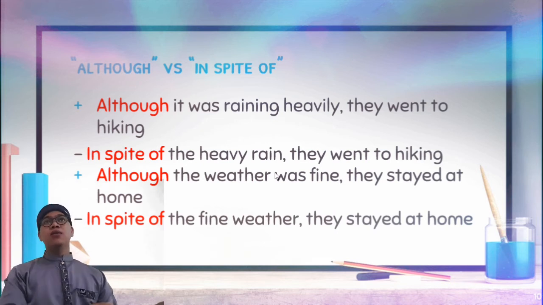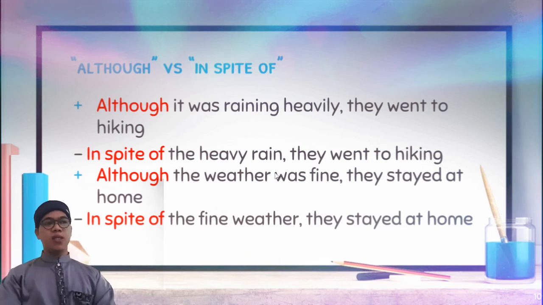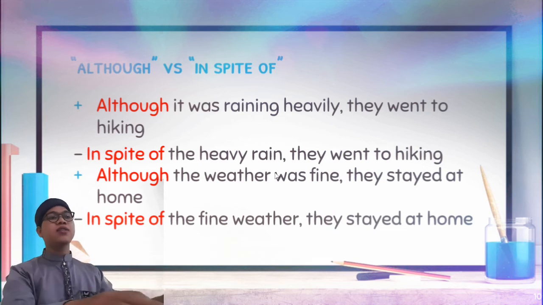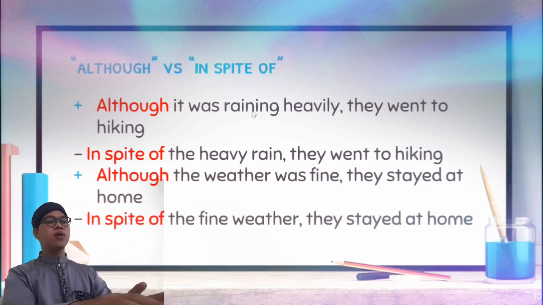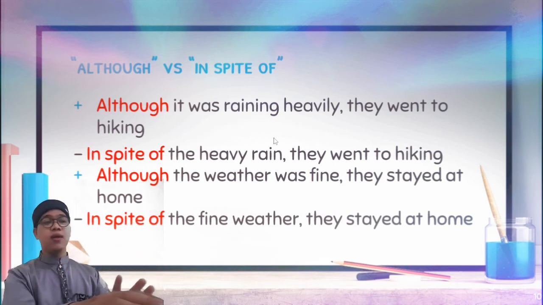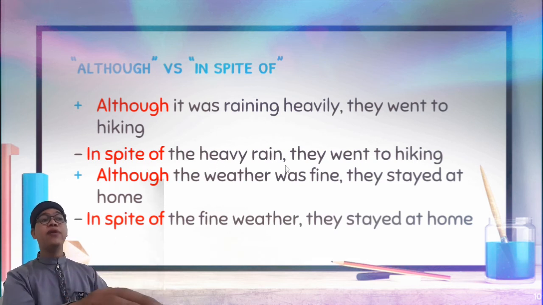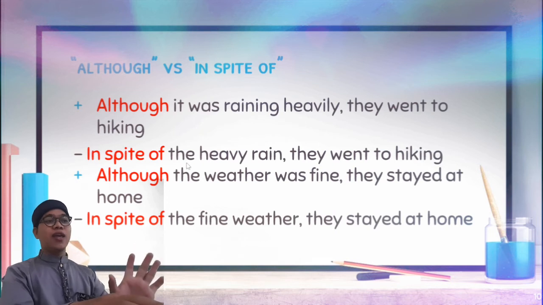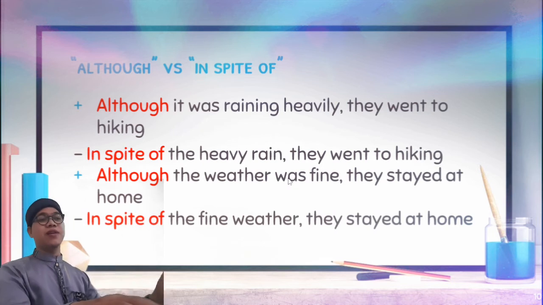It doesn't talk about what happened or someone doing something. So this is the difference between although and in spite of. Although talks about a clause, a thing or someone doing something, it was raining. And in spite of talks about a noun, the heavy rain. It's a noun, pronoun, or gerund also.